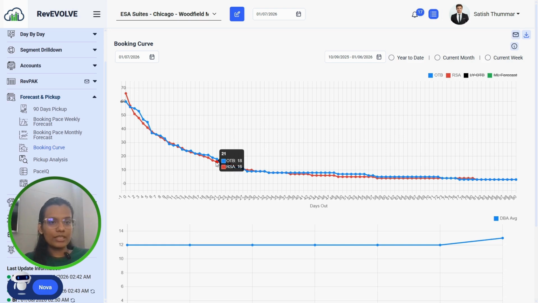For example, if today we are at, let's say, 20 days before arrival, RSA tells us over the last 90 days, on average, how many rooms did we usually have on the books when we are 20 days out. Also, the blue line is OTB, which stands for on the books, our actual confirmed bookings for today, for January 7th, 2026.